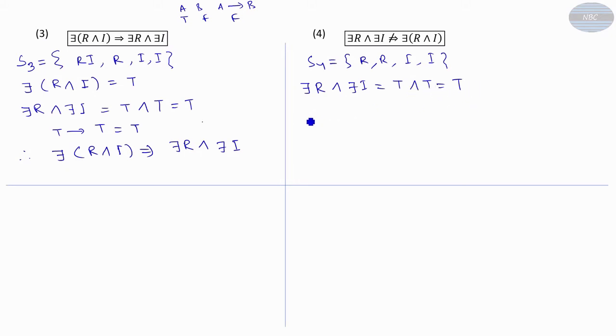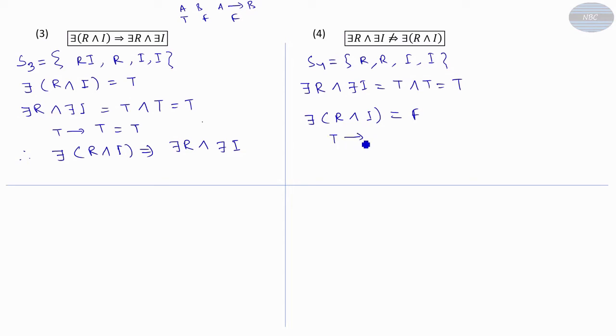Now come to the right hand side. Is some person rich and intelligent? There is no such person who is both rich and intelligent, so the truth value for this is false.